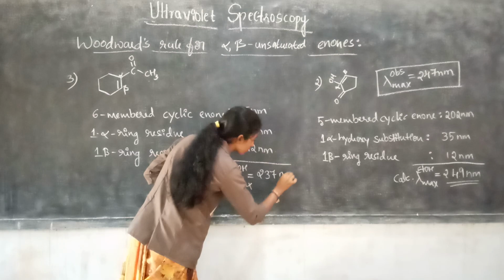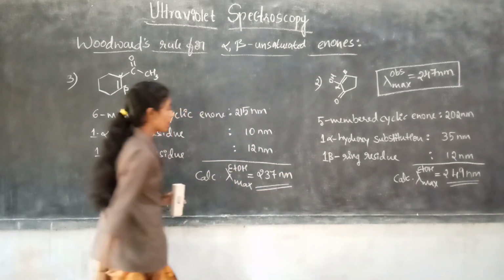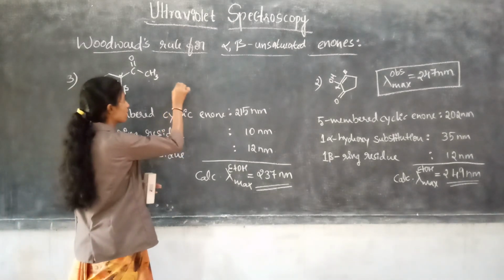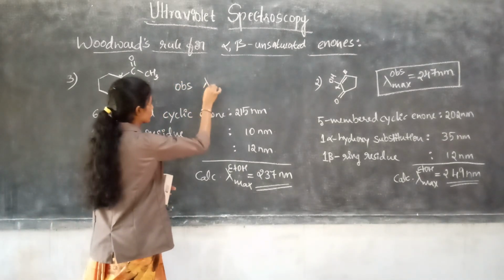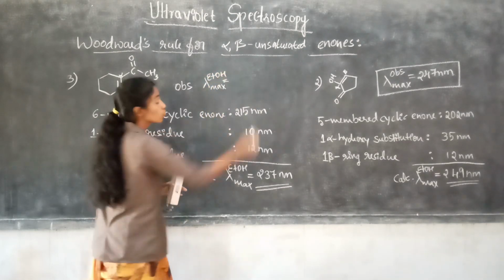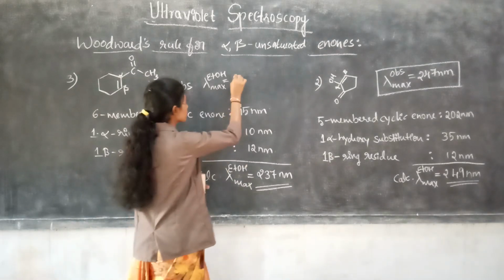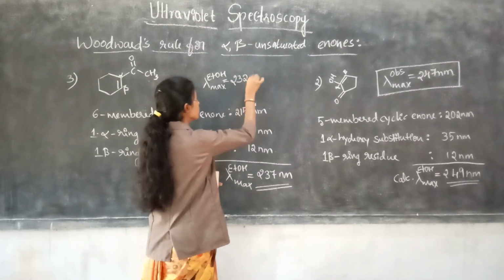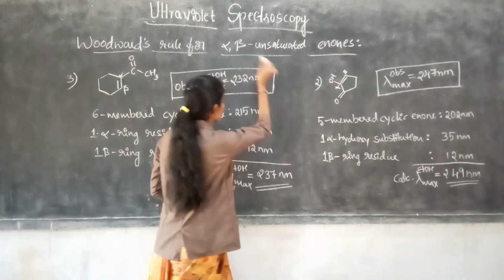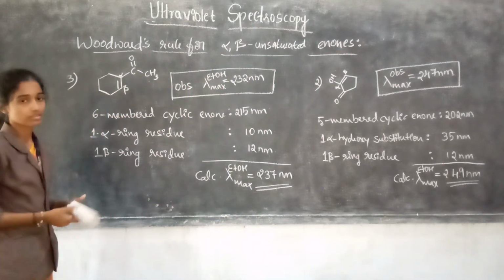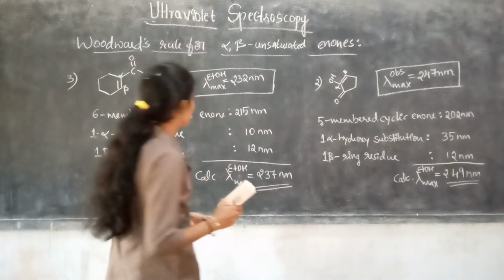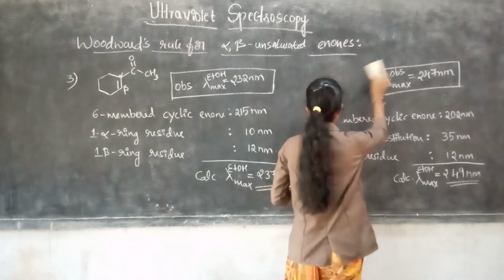Calculated absorption maxima is 237 nanometer, whereas observed lambda max is at 232 nanometer. This is the observed lambda max. Lambda max is nothing but absorption maxima. Now we will move on to the next one.